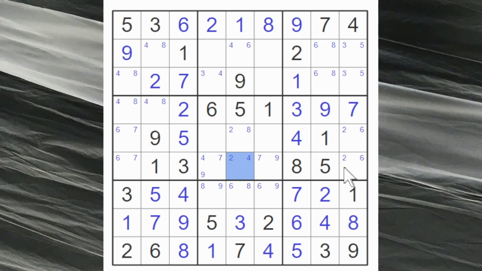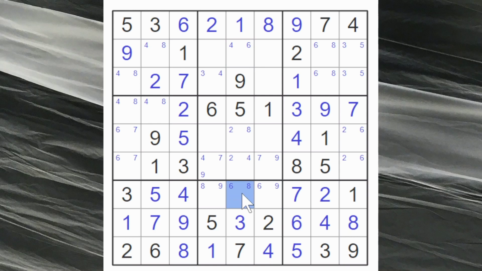If this is a 2, then this is a 6. If this is a 6, then this is a 7. If this is a 7, then this must be a 9. If this is a 9, then this is a 6. So whichever way we look at it, one of these two squares must be a 6.